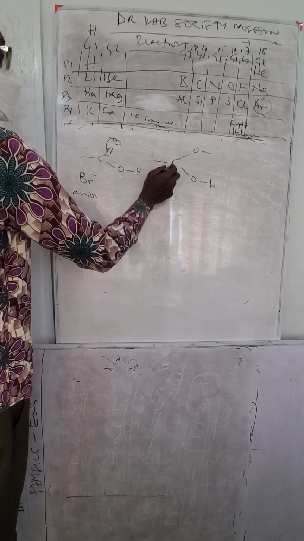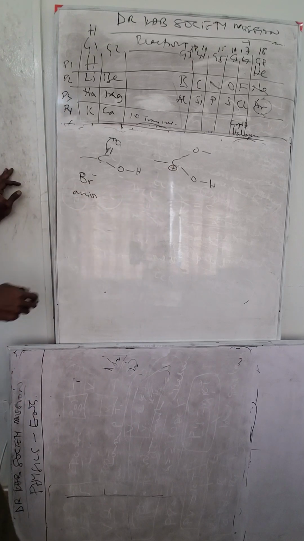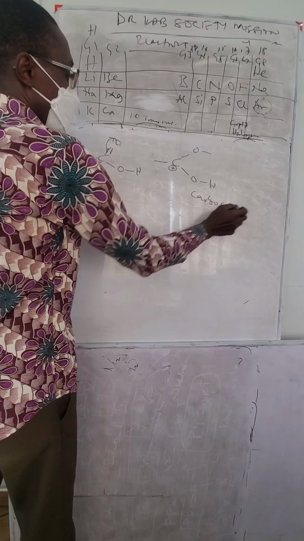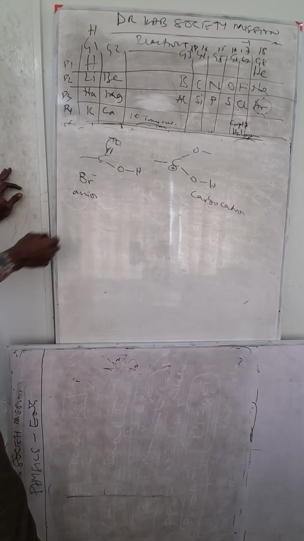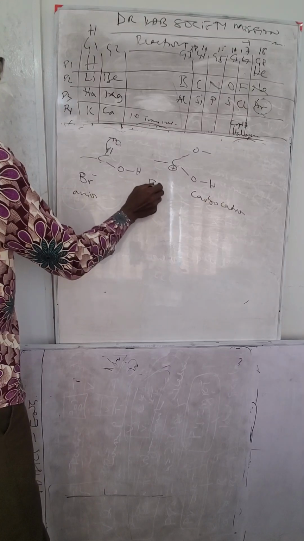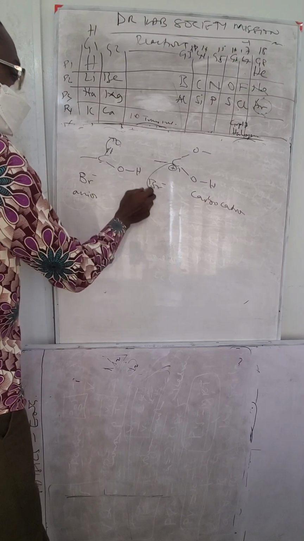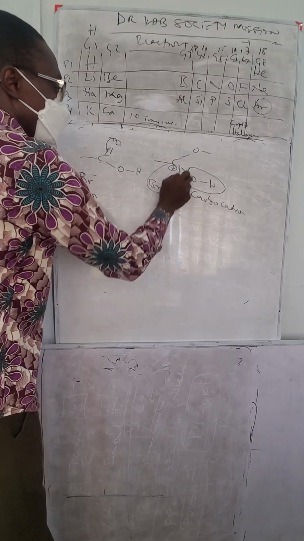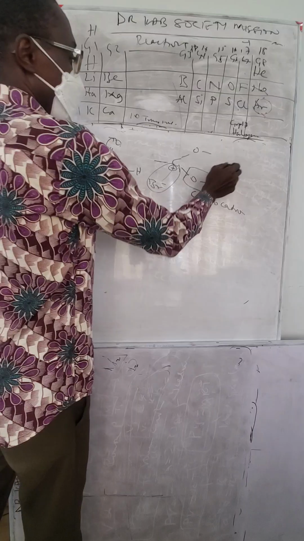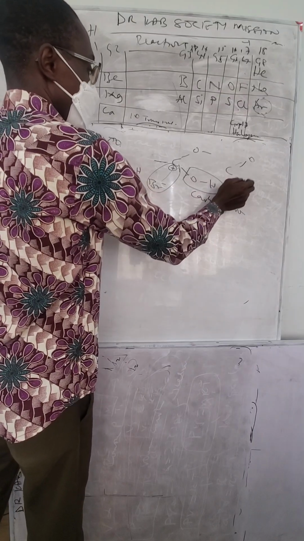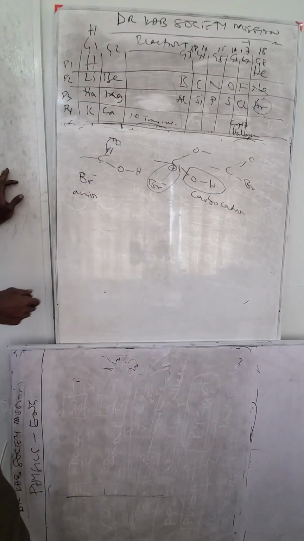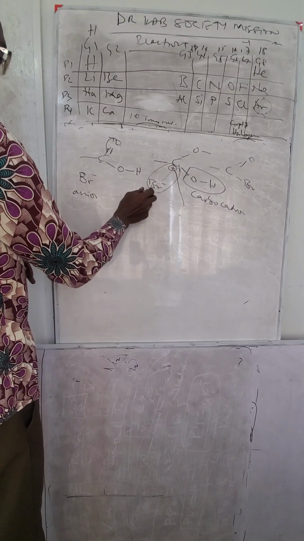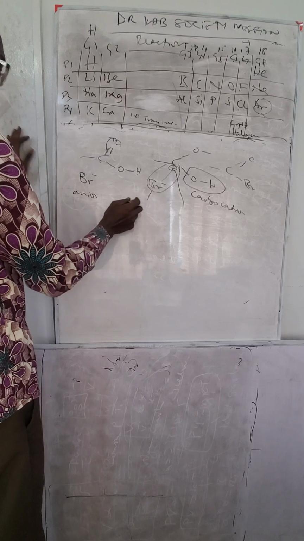When it happens that way, it will make this one positive. So this carbon becomes a carbocation, or positive cation. So when it happens this way, if there's a nearby anion, it can react with this one. It can combine with this. By coming together, it will displace this one, so that this will move, and then you can have COBr forming.